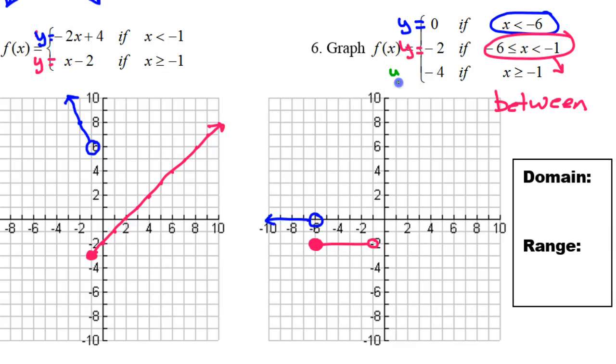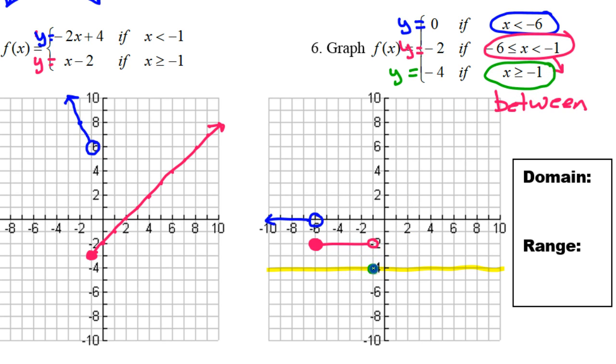And the third piece, think y equals negative 4. So that would be a horizontal line at negative 4 like this. So we want the x values that are greater than or equal to negative 1. So here's the value that's at negative 1.